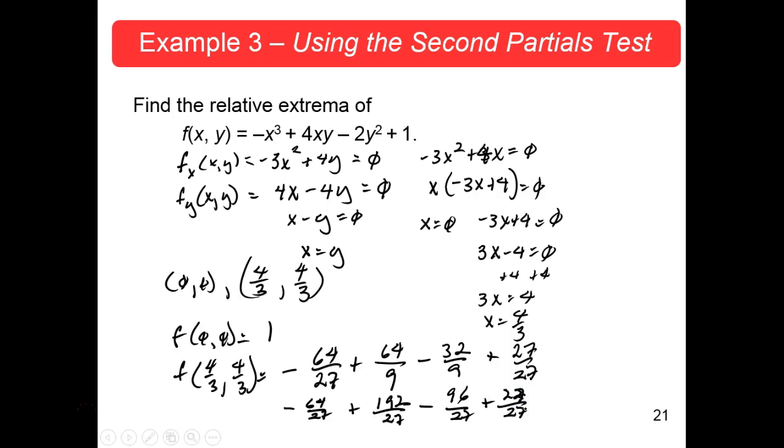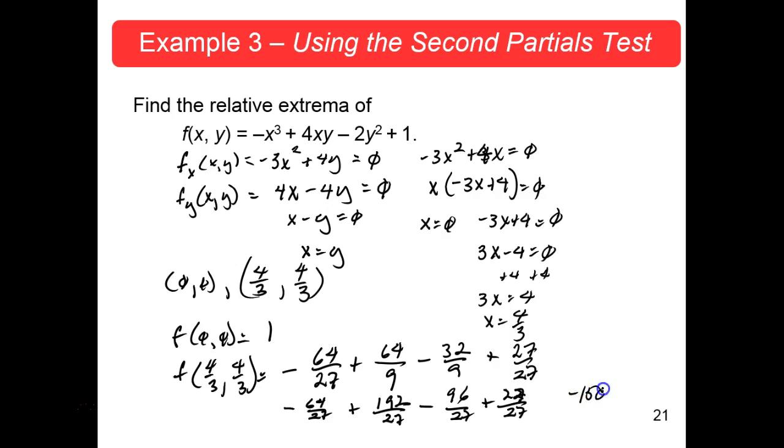Add the two negatives together, and that gives you negative 150. Goodness, what a pain in the neck this is.